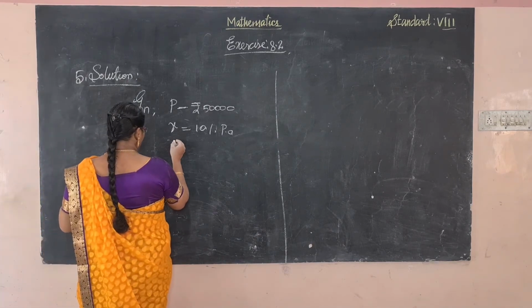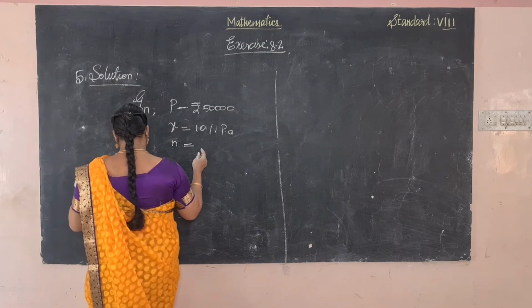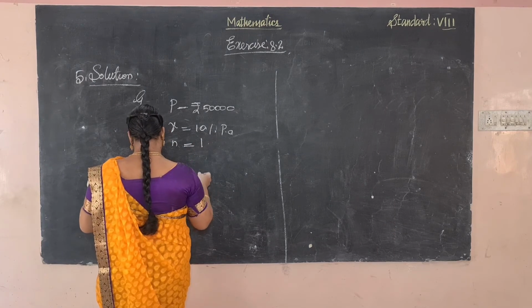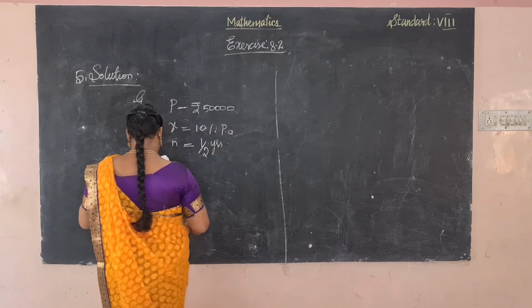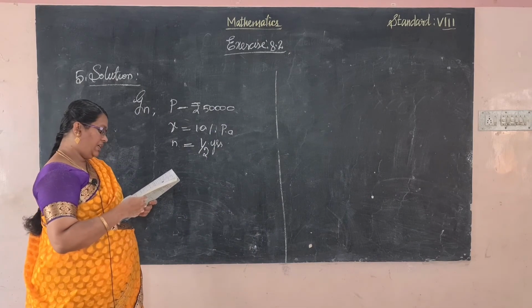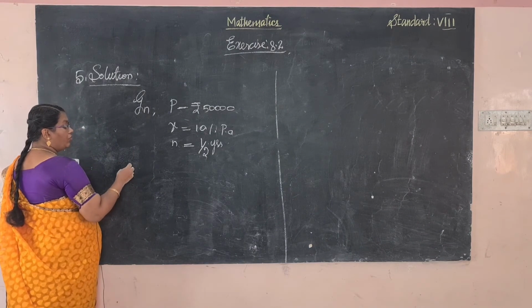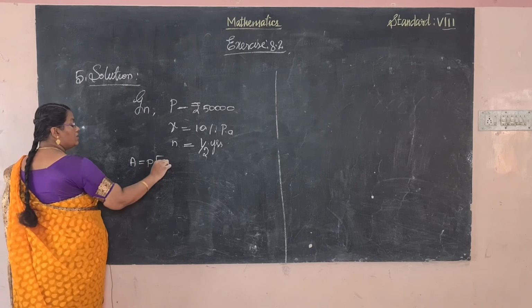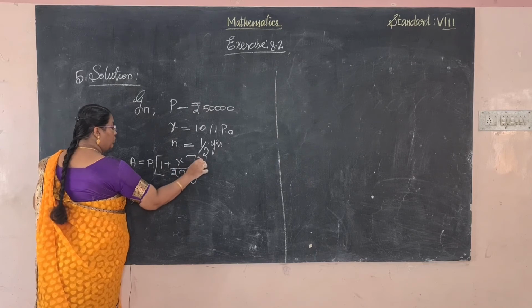Time, denoted by number of years, n is 1 year. What is the formula for half yearly? A is equal to P of 1 plus R by 200 the whole power 2n.